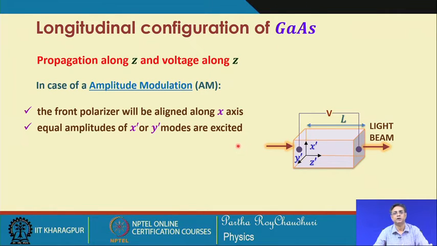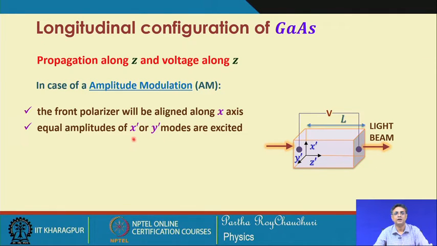So that the moment you apply the voltage, both the components along x dash and y dash will have equal excitation. So, the front polarizer will be aligned with the x axis, and this will give you 50% of x prime and 50% of y prime when the voltage is applied. That is the philosophy, and then there will be an analyzer at the output of the crystal.